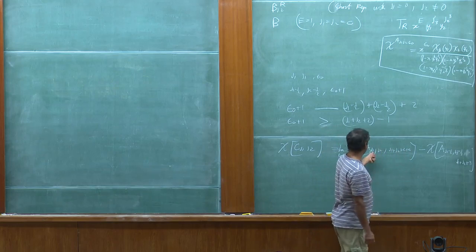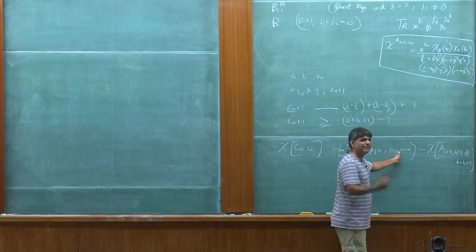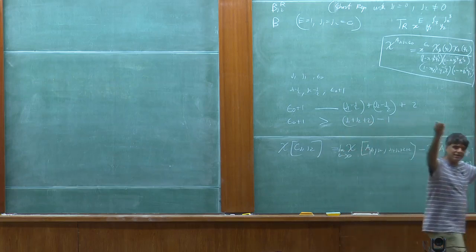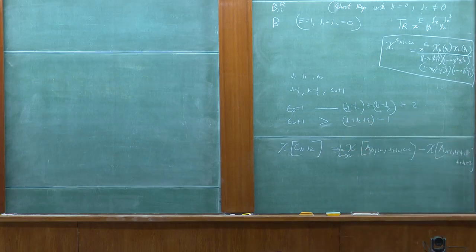But you just take the state with J1, J2 and E, that's a long representation, then take the limit epsilon goes to 0. That would be the character of the state with those primary quantum numbers had it been long. And then you remove what you added in extra, namely the character of the primary of the null states.